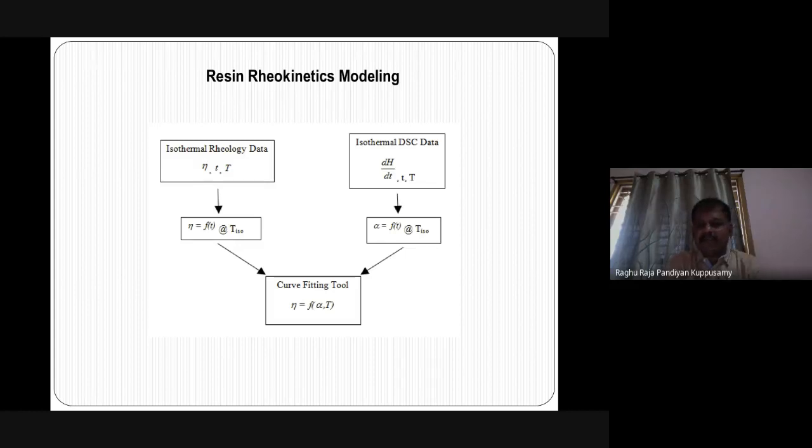That experiment can be carried out. From the DSC data, you get how the heat is evolved, dH by dt, at different times for different isothermal temperatures. Using a curve fitting tool on the isothermal rheology data and isothermal DSC data, you can combine the data and find out the viscosity change as a function of degree of cure and temperature.